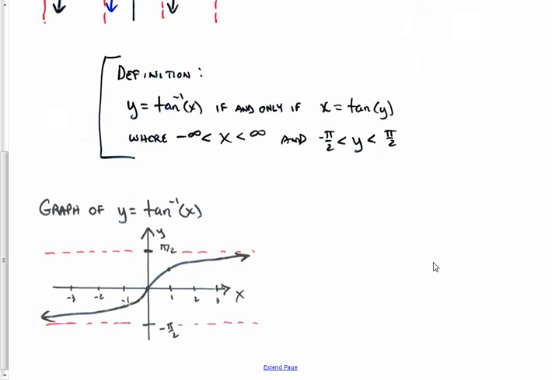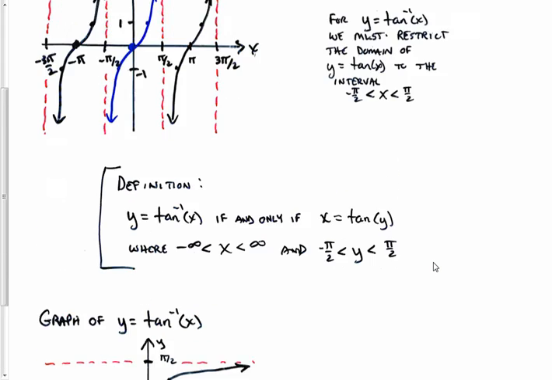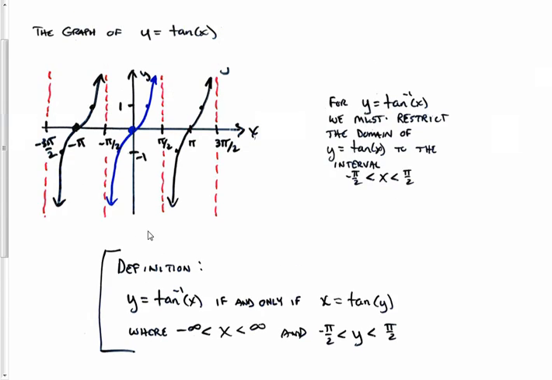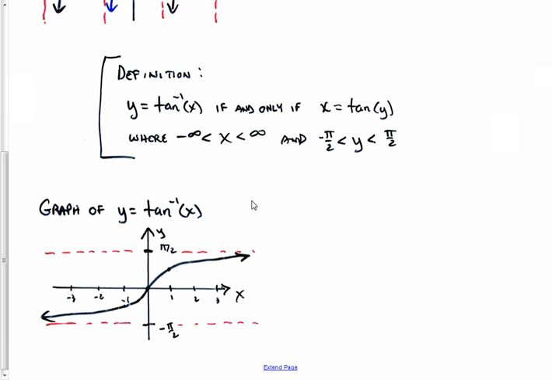Well, because of this definition, this is what that function looks like. If we take this and reverse the roles of our x's and y's, as an example, (0, 0) is on this graph, (pi over 4, 1) is on this graph, and (negative pi over 4, negative 1) is on this graph.